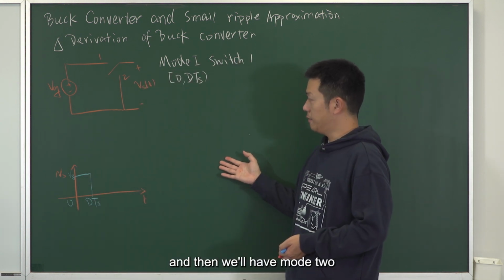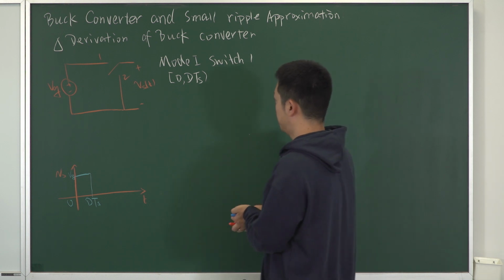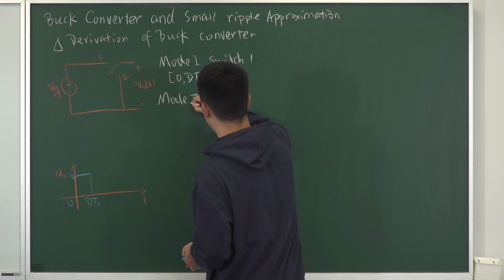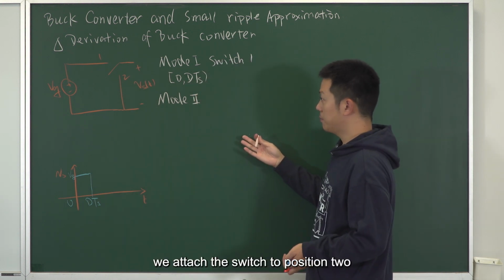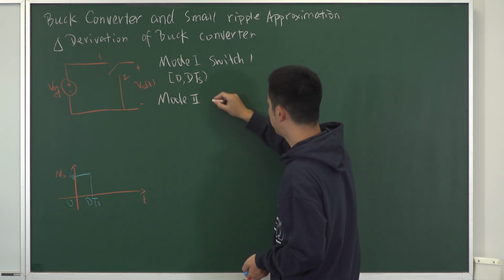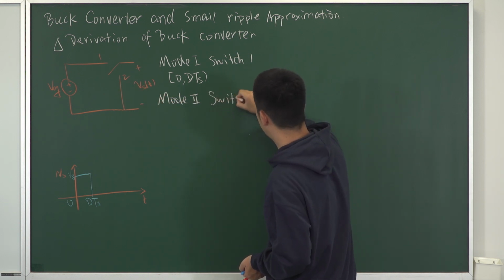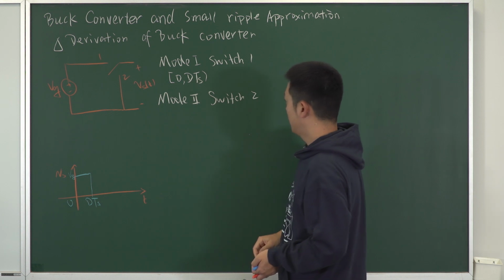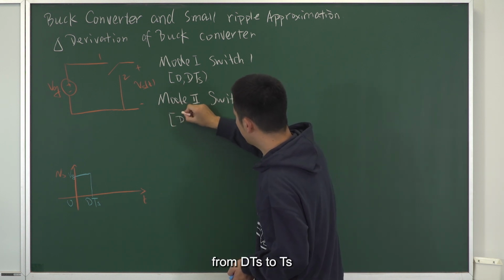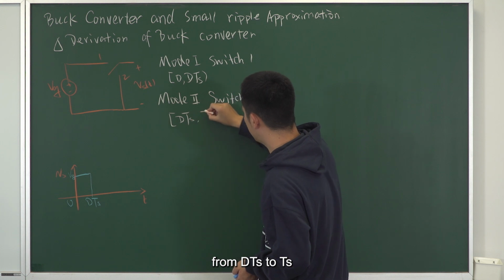And then we will have mode 2. In mode 2, we attach the switch to position 2. So mode 2 happens from DTs to Ts.